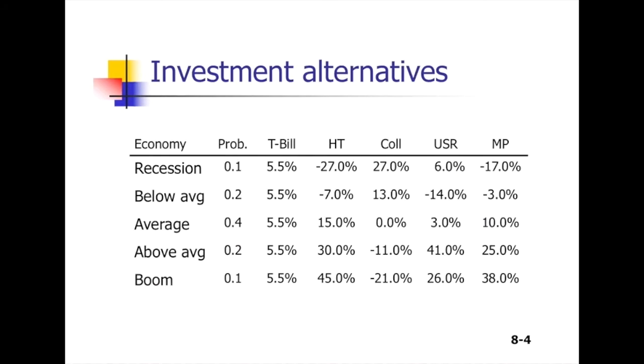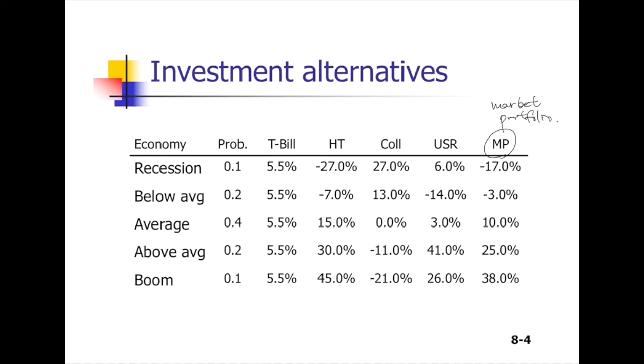Let's learn with an example. Here are the 5 financial assets: the T-bill, high-tech company, collection agency, U.S. rubber company, and market portfolio. This is a market portfolio, and it means all stocks traded in the market.